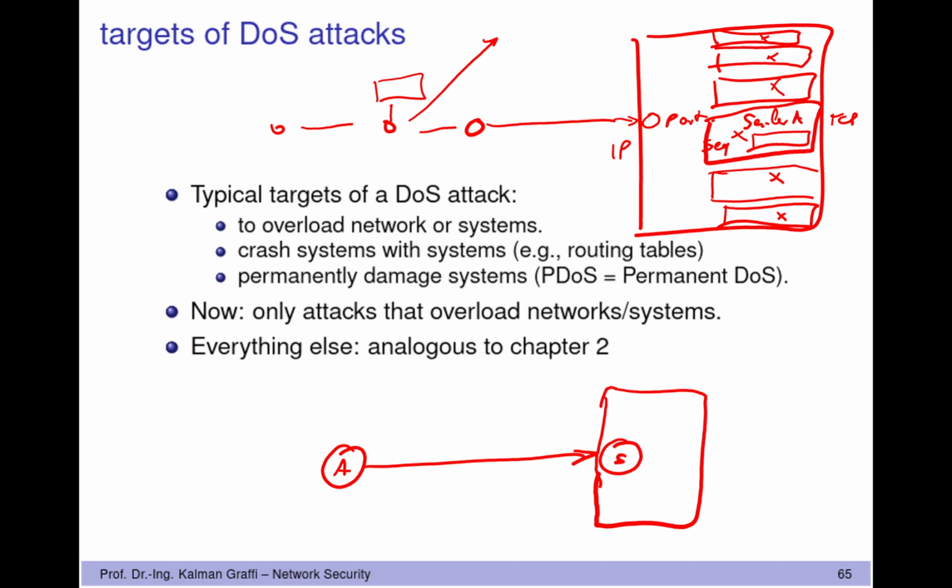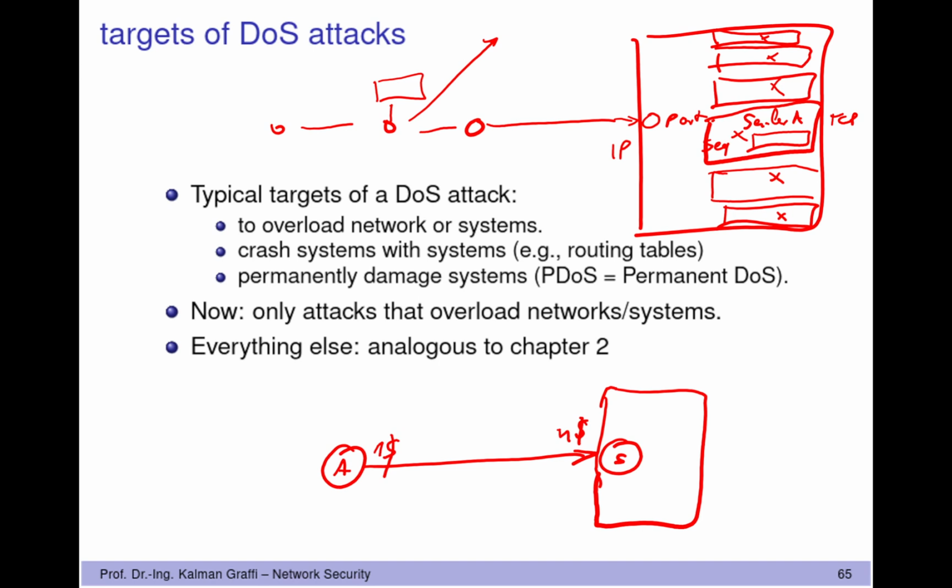If you invest, let's say, $1, or €1, or one energy unit, then more energy units or dollars should be consumed here. It should be somehow asymmetric, so that you have some kind of leverage: for every amount of energy that you invest, you get a 100-fold effect at the server.